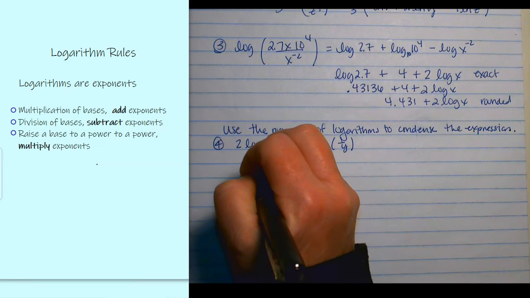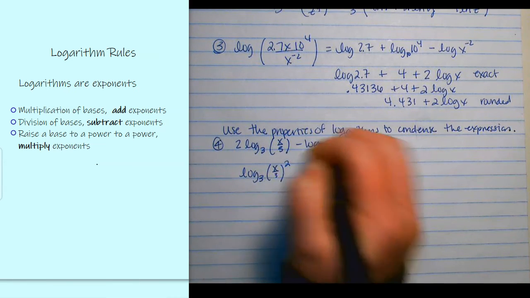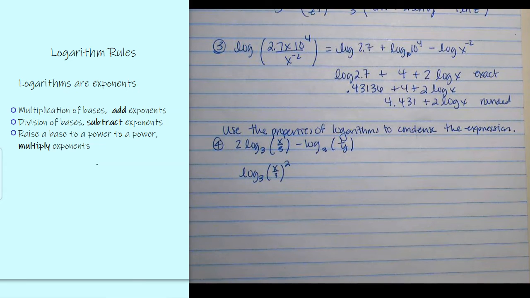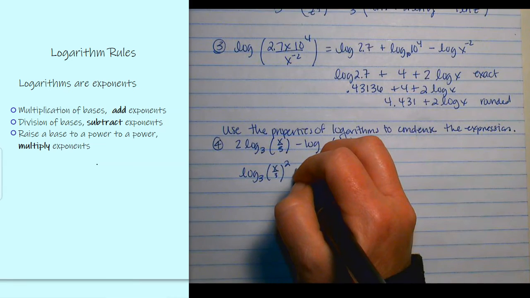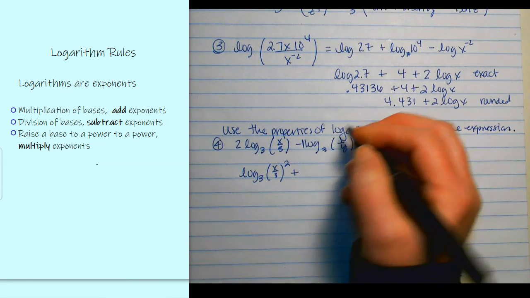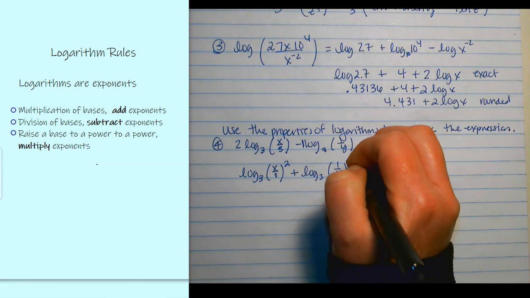So first, right underneath it, I'm going to write log base 3 of x over 3 all squared. This 2 moves now to an exponent position, and it's squared. If we do the same thing with this one, we can say this is a -1 exponent. We can change that to plus log base 3 of 1 over y to the -1.